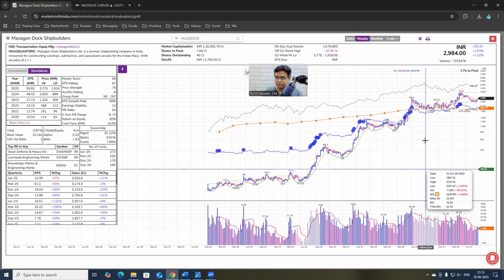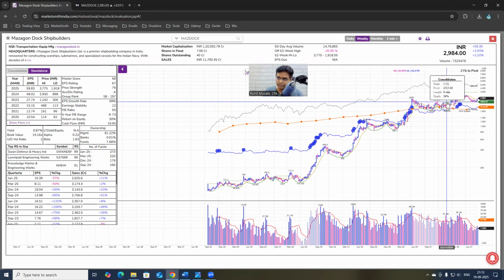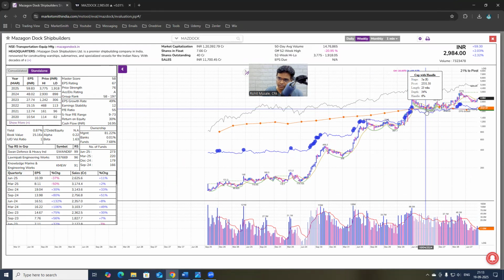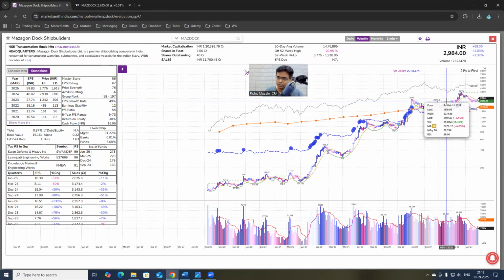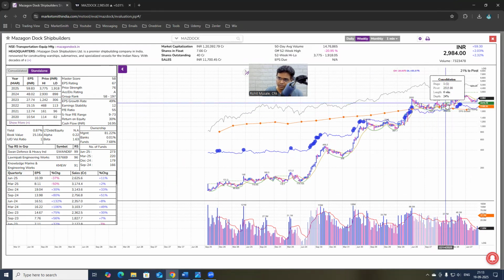So this is a weekly time frame chart. This is cup with handle, which is base number 5A, and this is stage 1. They go from base 5 to base 1 because the resetting has happened. The low of the previous base has been broken.